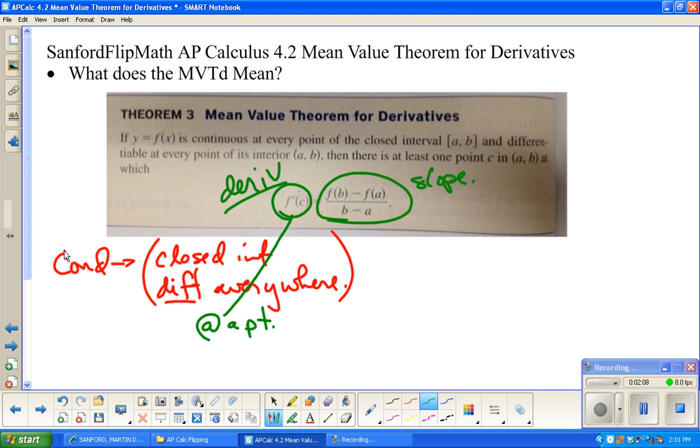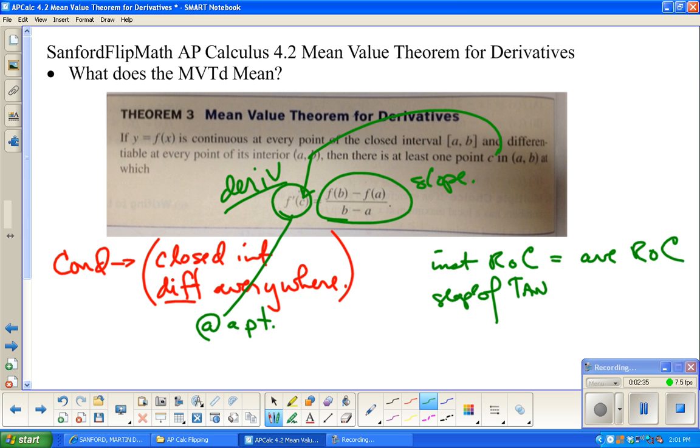Another way to say it is that the instantaneous rate of change will be equal to the average rate of change. Not everywhere, it's just saying there is a spot. There is a specific x value, c, such that the instantaneous rate of change will be equal to the average rate of change. Or in other words, the slope of the tangent will equal the slope of the secant. Okay, so that's just what it means.